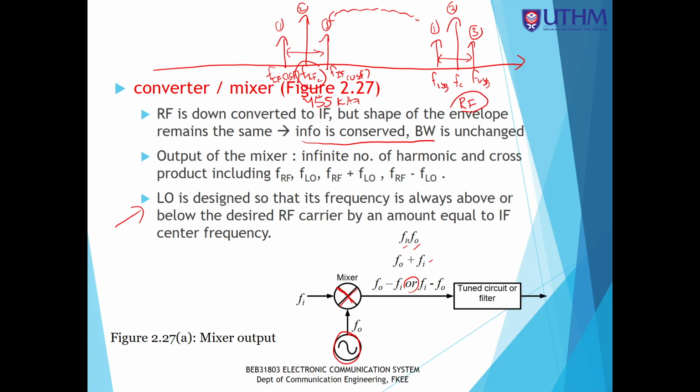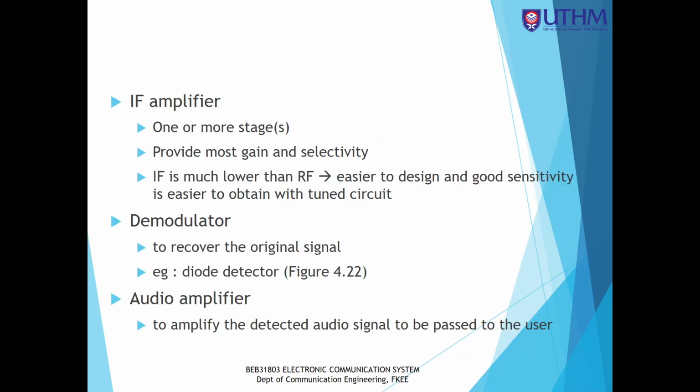It will go through the IF section. IF section will select only a single frequency channel and then amplify it so that we can do the demodulation process in the detector section.